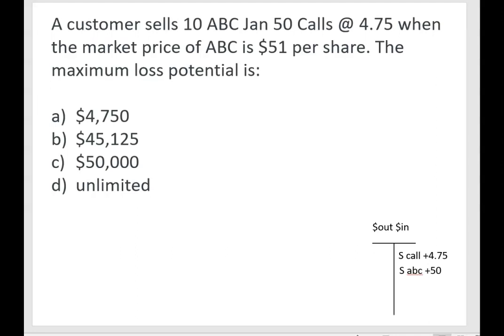In which case, he doesn't have ABC stock, so he's got to go buy it at whatever the price is now. So the higher it goes, the more money he's going to lose, because as it keeps going higher and higher, he's got to pay higher prices for it just to sell it to somebody at $50. So how high can the price of a stock go?